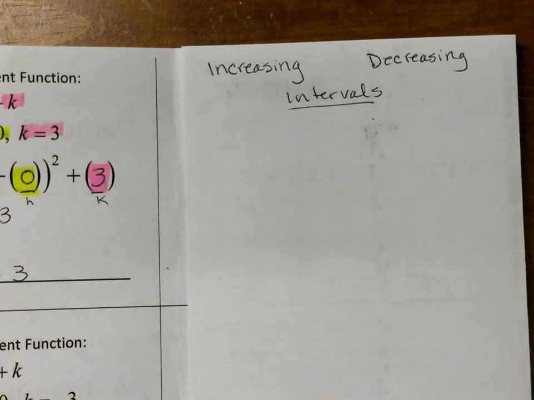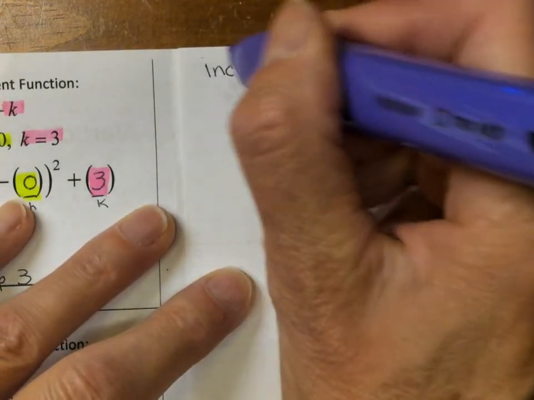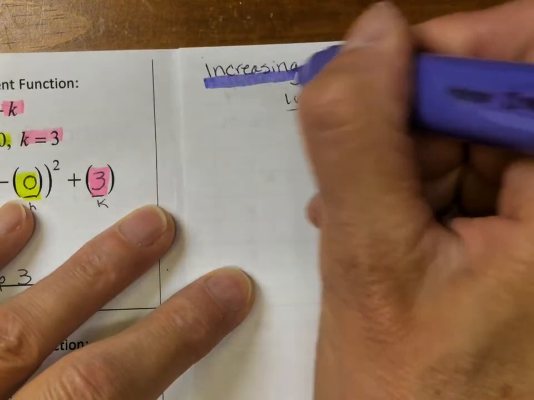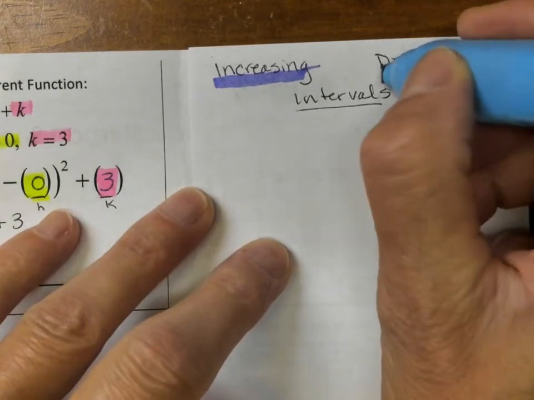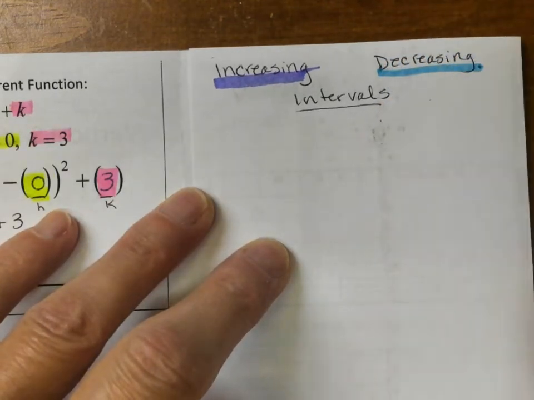So with increasing, we're going to color our increasing in purple. I'm just going to underline that because it's so dark. And then for decreasing, and if you don't have these colors, just do 2 separate colors, I'm going to color that one in blue.